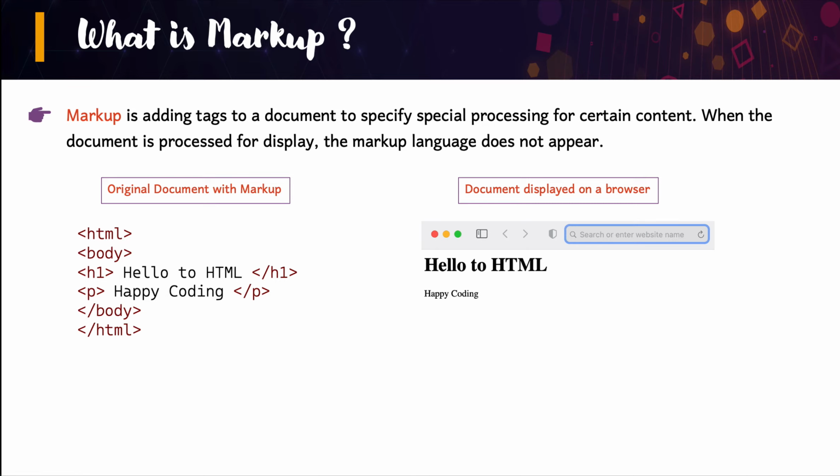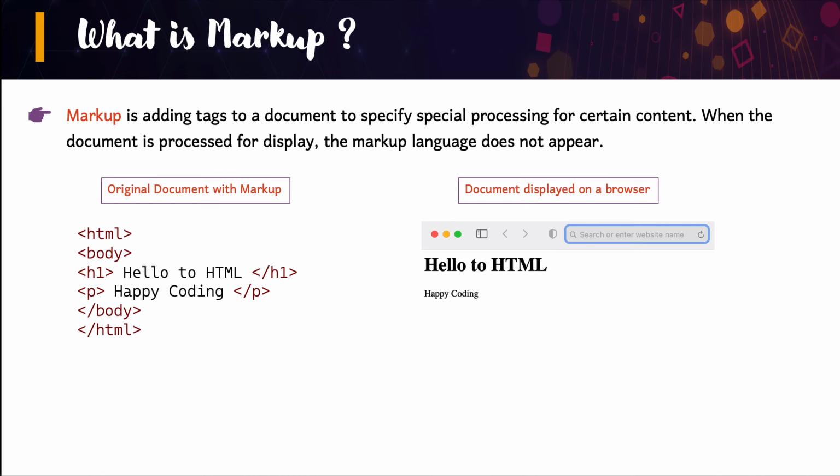You can see on the left hand side, there are many things that we call as tags: HTML, body, h1, /h1, p, /p, /body. And then we'll know more about them in our immediate next lesson. None of these tags or the markup is shown in the browser version of the page, which is shown on the right hand side. So this is the difference.